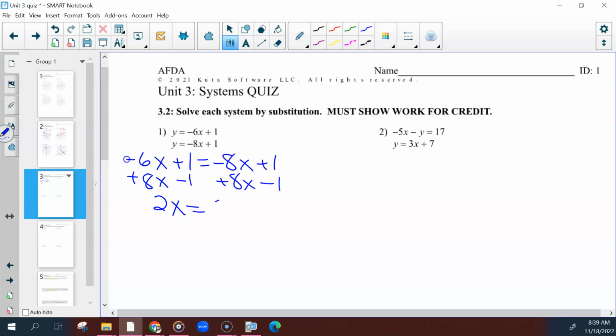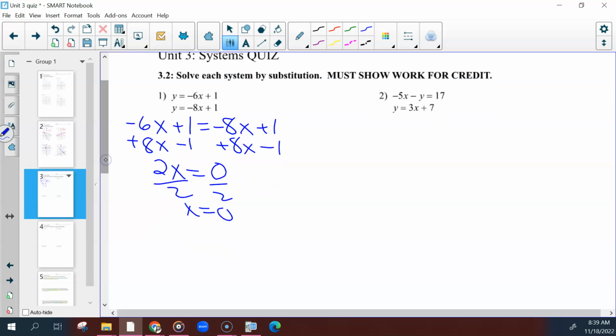But when you got here, some of you stopped and said no solution, but that was incorrect. You should have kept going. 0 can be an answer. So you would put 0 back into one of your equations and find y. So the ordered pair, or your solution, was (0, 1).